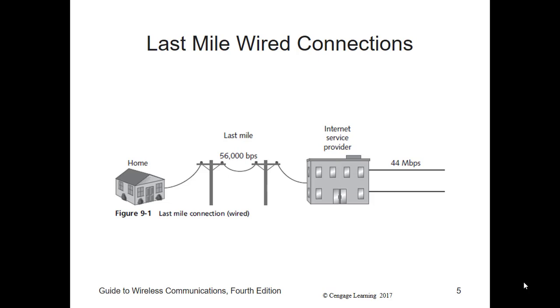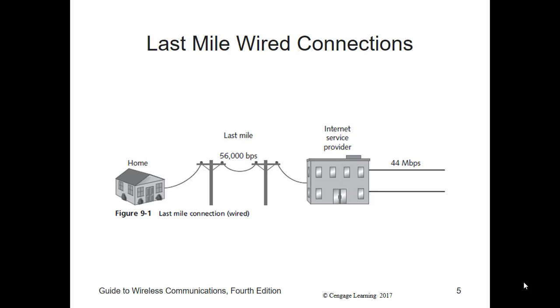Business users do have some other options beyond basic copper wiring. However, traditional wire technologies offer higher data rates and are much more largely available in your larger metropolitan areas.